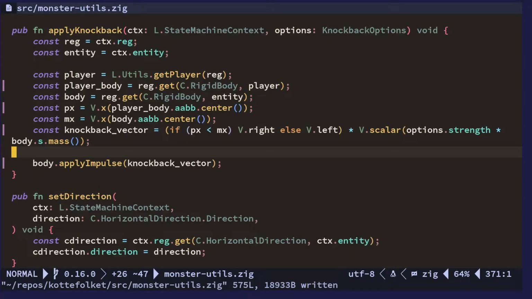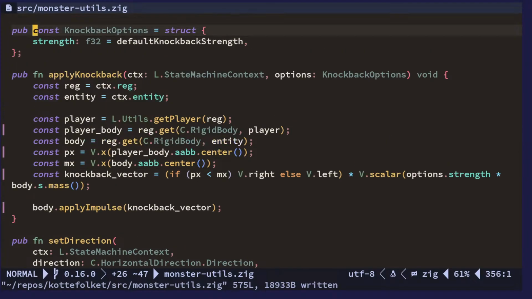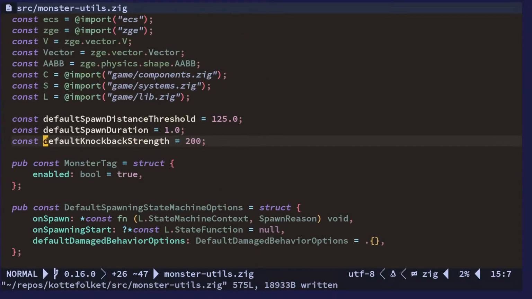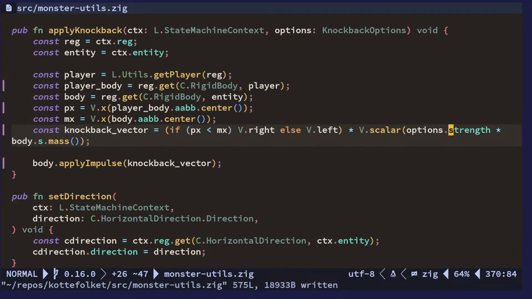And what is this strength? 200, okay. Well, that doesn't really tell me a whole bunch.